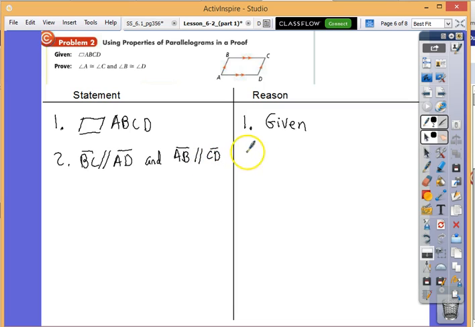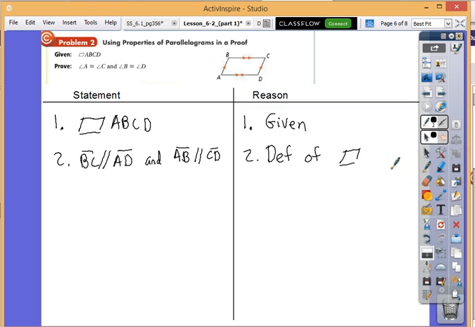So it's BC parallel to AD, AB parallel to CD. It's what's marked on the drawing. That would be the definition of what? Parallelogram. Yeah, that's just the definition of what a parallelogram is. Now, you could go in and put a statement in there that BC is congruent to AD and AB is congruent to CD, and that would be that theorem that we just proved.